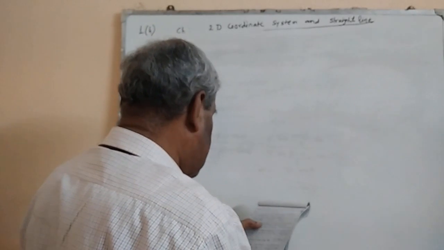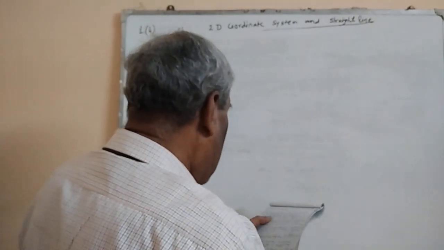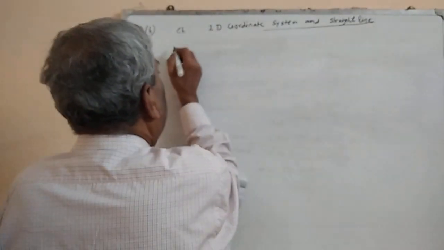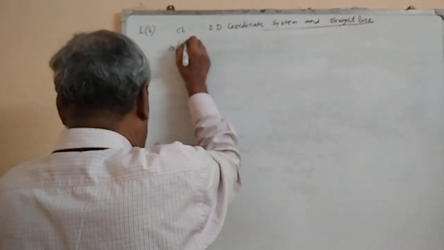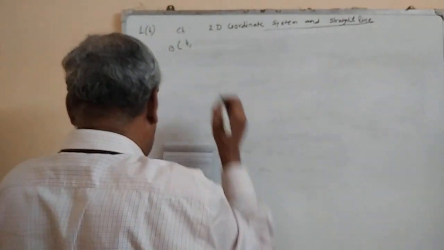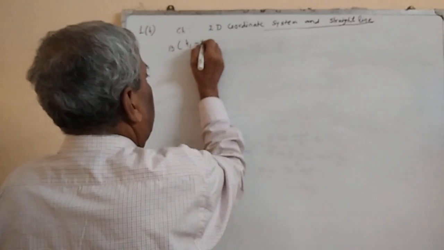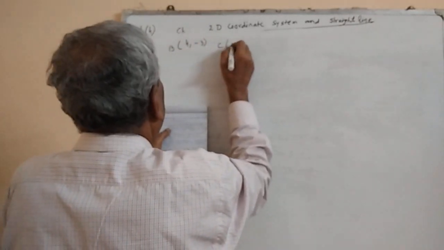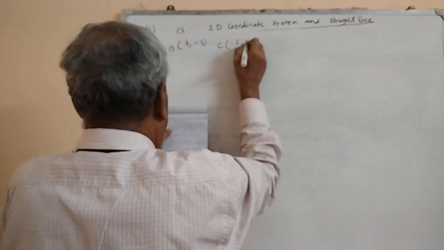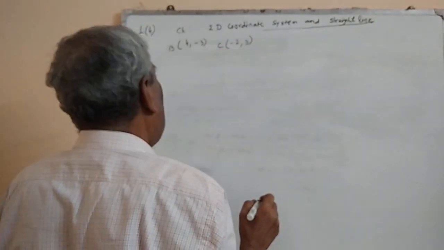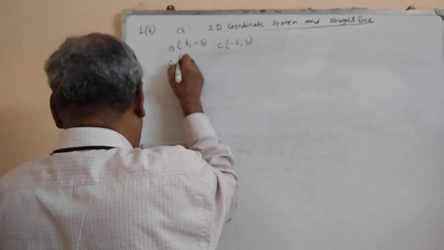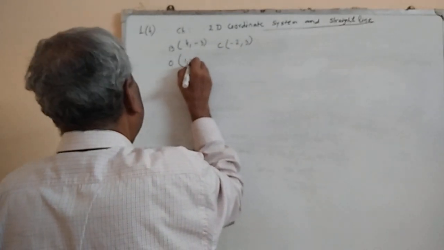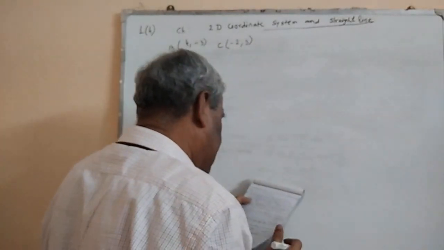Two vertices of a triangle are B (4, minus 3) and C (minus 2, 3). O (1, 2) is its orthocenter.